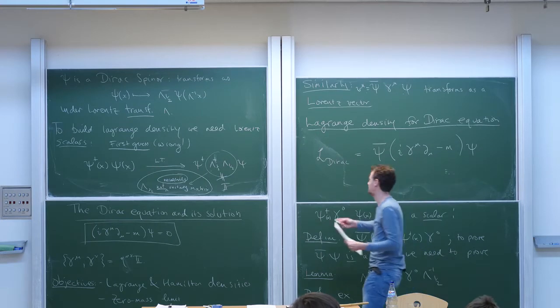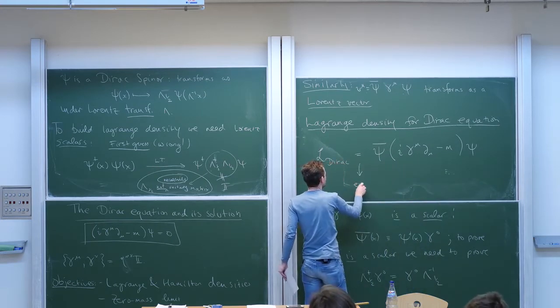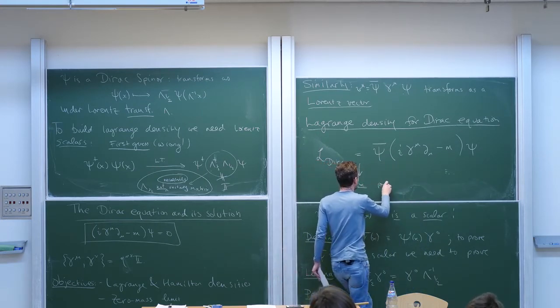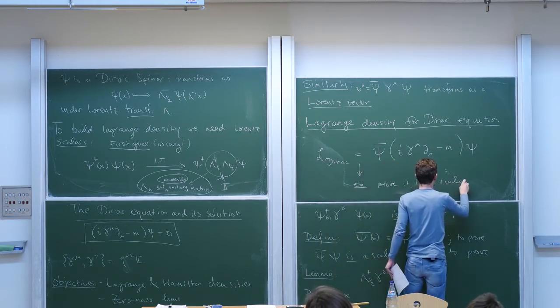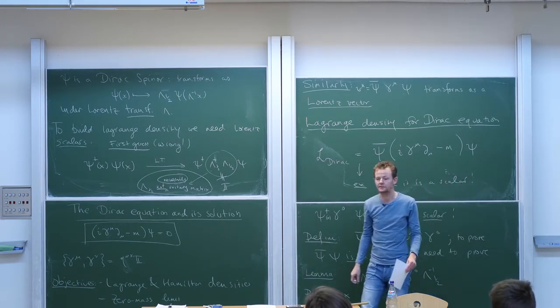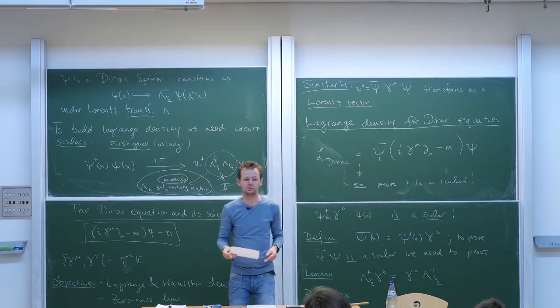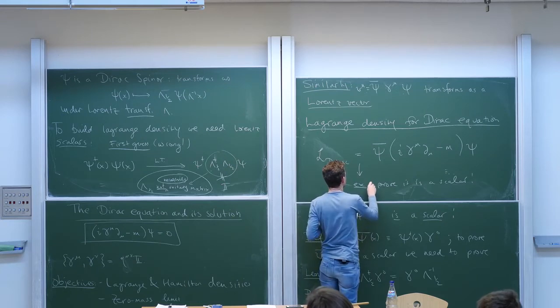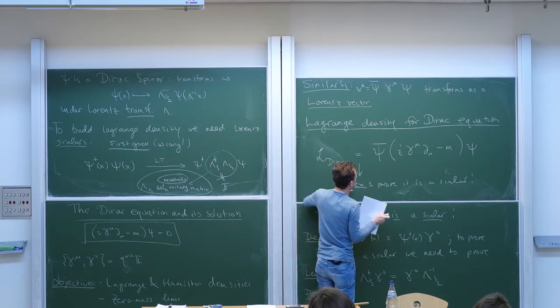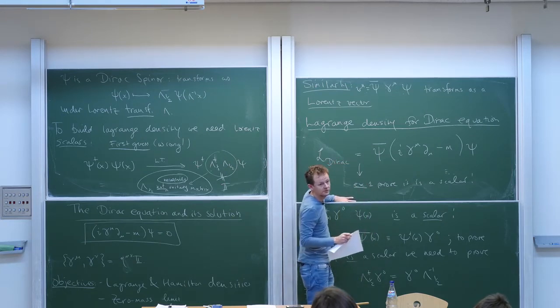And it's also an exercise to prove that that's a scalar. And it's also an exercise, and a pretty good one, to do the Euler-Lagrange equations as well, and to recover the Dirac equation.